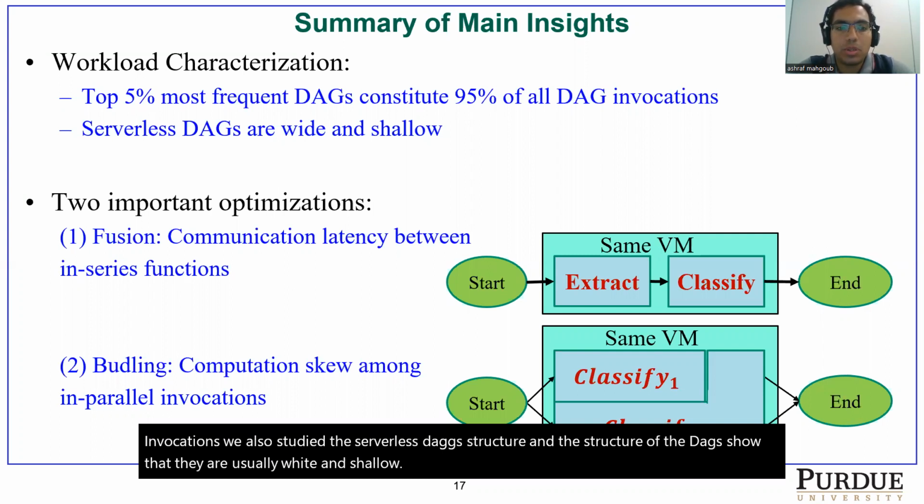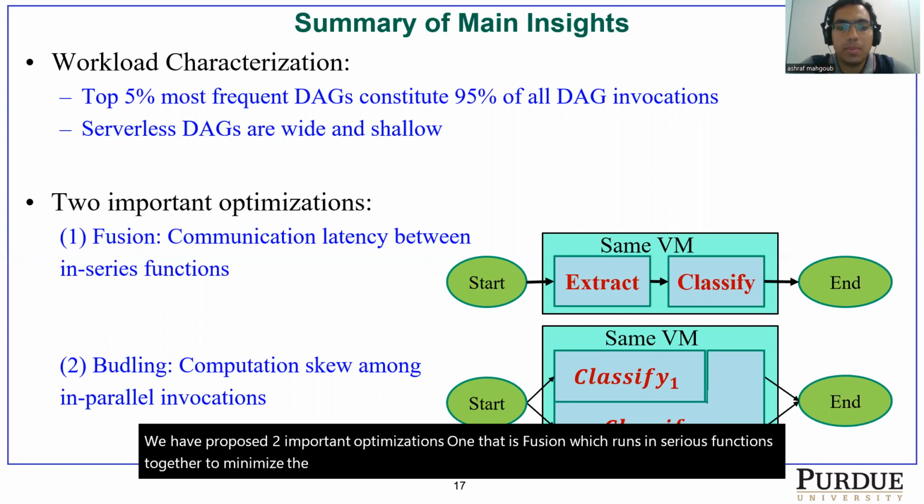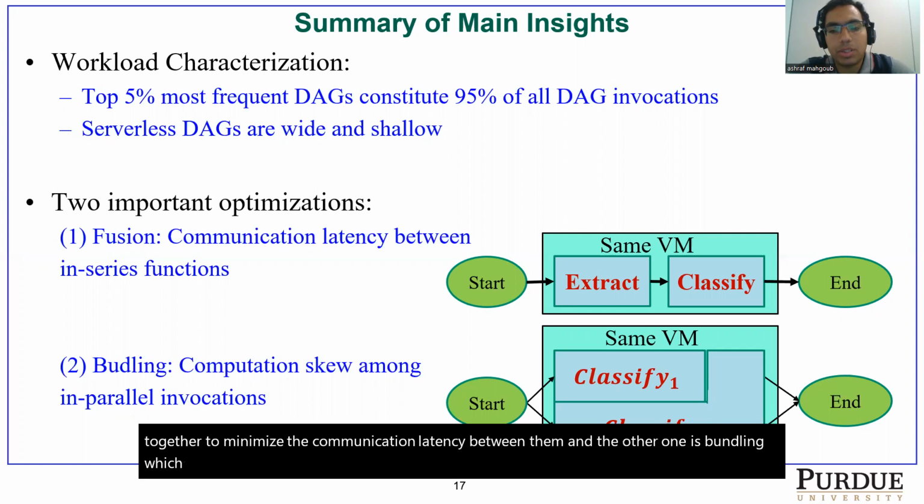We have proposed two important optimizations. One is fusion, which runs in-series functions together to minimize the communication latency between them. The other one is bundling, which runs parallel invocations together in the same VM so that we can mitigate the computation skew between them.